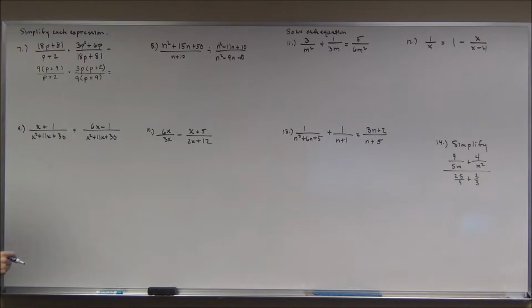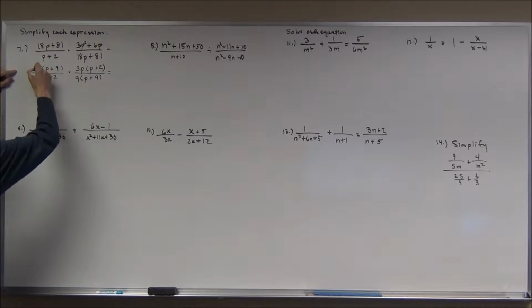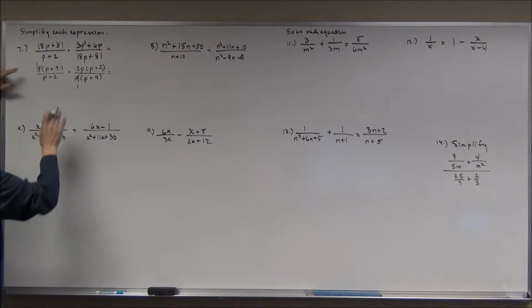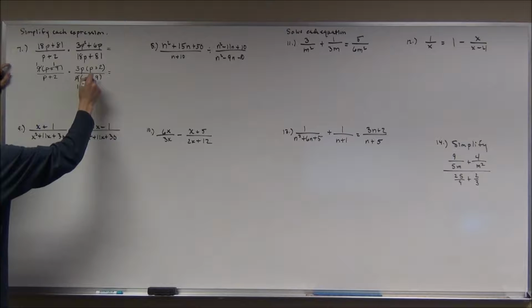Once everything is factored, you look to see if you can simplify this expression by canceling common factors that are in the numerator and the denominator, whether they're in the same fraction or in different fractions. I can cross-cancel a 9 here and a 9 here. Those are factors. I can cross-cancel p plus 9 with p plus 9.